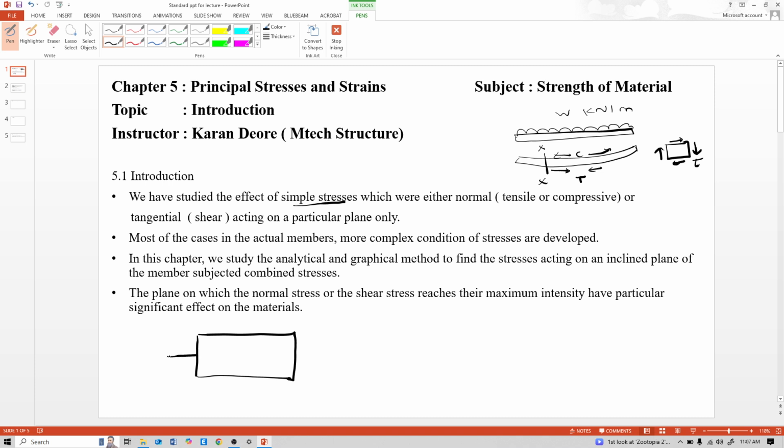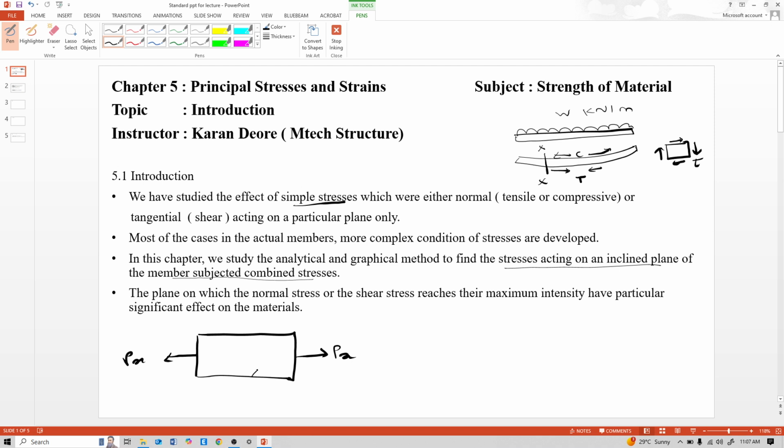This body carries axial load Px, and we look at the stresses acting on an inclined plane of the member subjected to combined stresses.